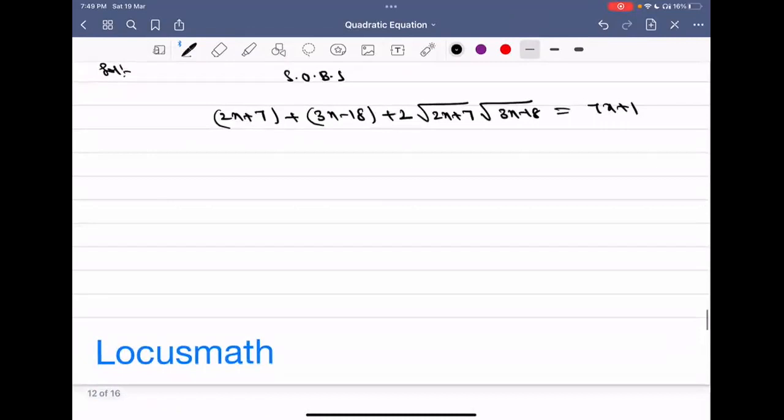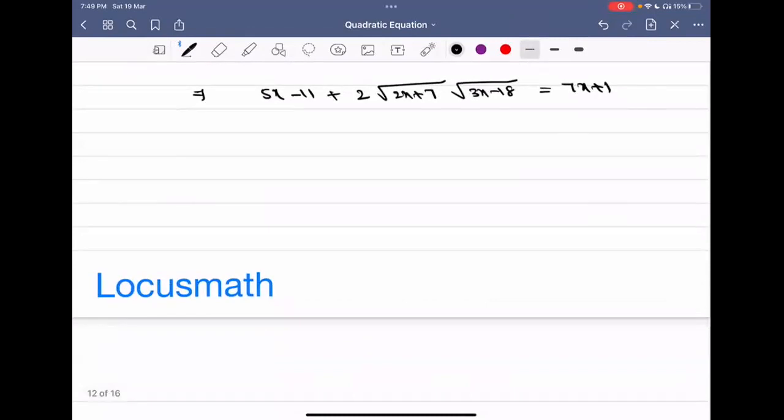Squaring on both sides, we got this one. So this implies 2x plus 3x, 5x, minus 18 plus 7, that is minus 11, plus 2 times root of 2x plus 7 into root of 3x minus 18 is equal to 7x plus 1.